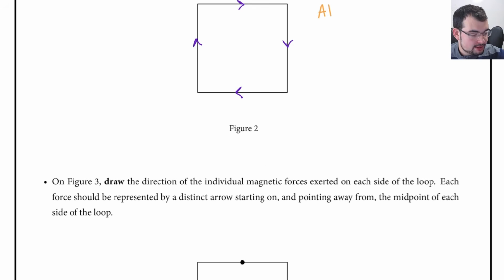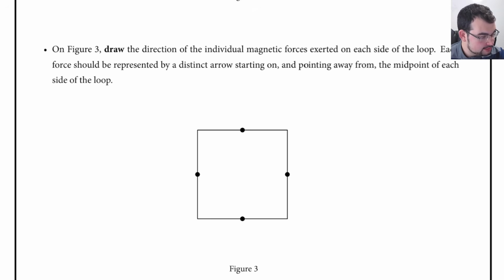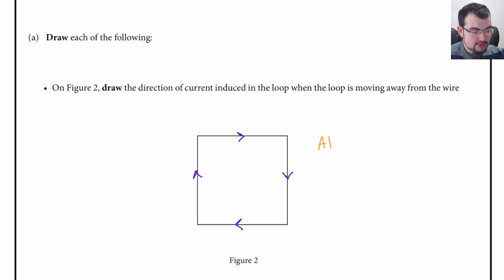Then we got to draw the direction of the forces on each side of the loop. So these are your Bill forces, your qv cross B, except for a current. So we're going to make sure to not clutter our diagram. But we do know that in all of these cases, the B field is into the page. So if I do qv, starting with the left side, if I go qv, which is up, cross B, that slaps my loop to the left.